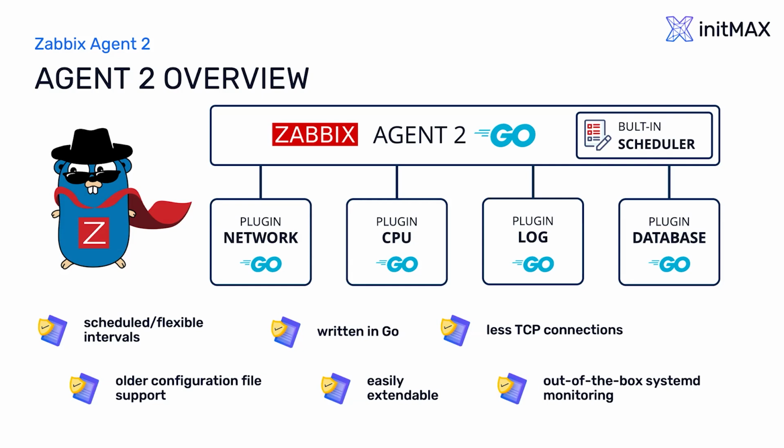Essentially, Zabbix Agent 2 is capable of doing the same stuff that Agent 1 can do. But additionally, it has a lot of tools and frameworks and overall the opportunity to use the Go language to create your own modules and extend your monitoring within the functionality of the Zabbix agent.